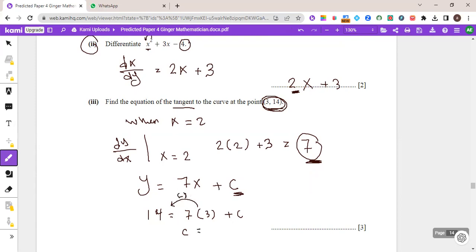So c is negative 7. Okay. 14 minus 21. c is negative 7. So the equation will be y equals 7x minus 7. Okay.